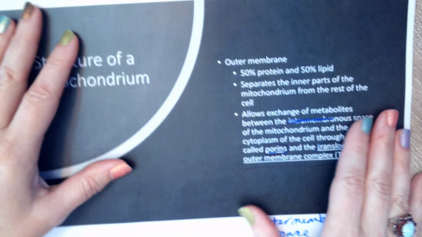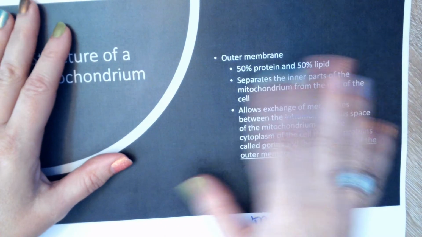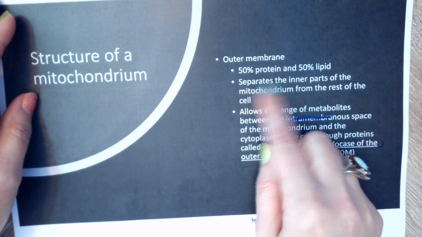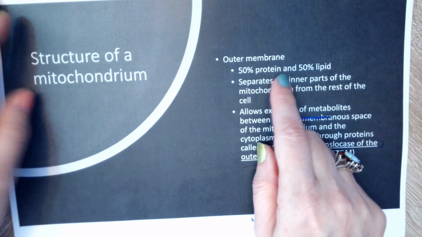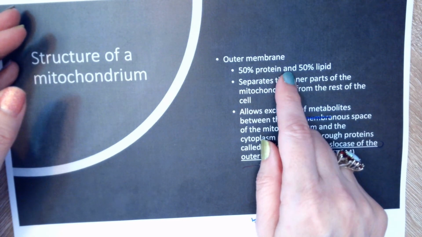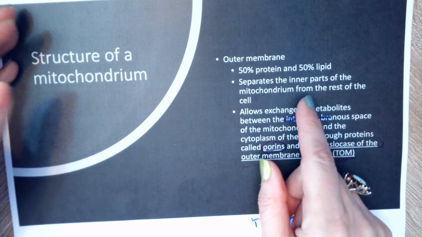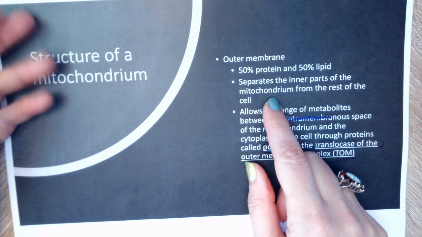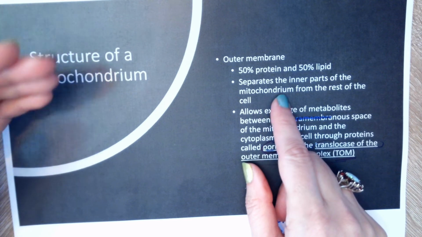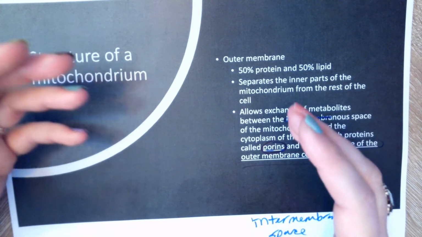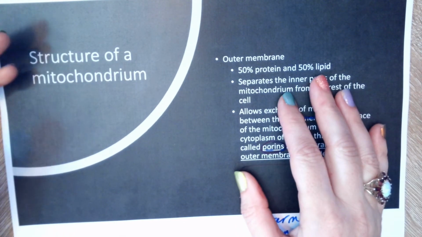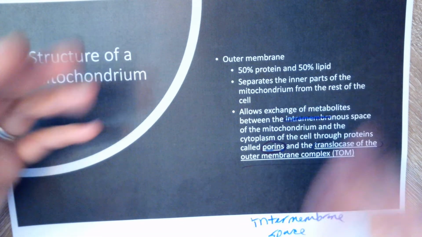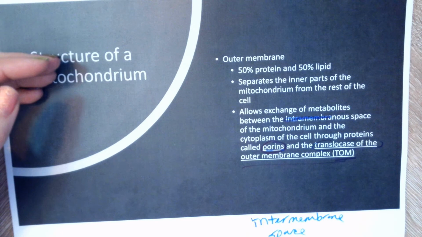Our next slide goes into some detail on what I just talked about, the outer mitochondrial membrane structure. It is about half protein, half lipid. It keeps the inside of the mitochondria separate from the cytoplasm, so it is an enclosed entity, not just continuous with the cytoplasm.